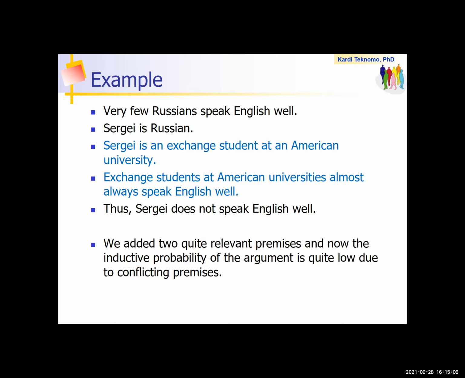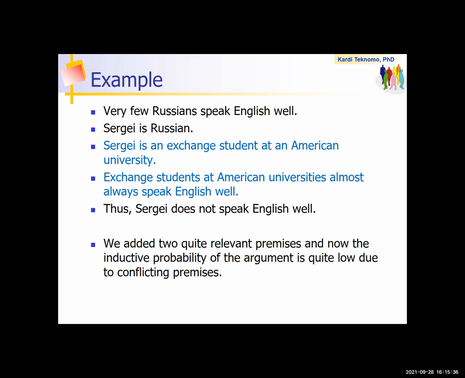So when we add these two quite relevant premises, the inductive probability becomes very low. Very few Russians speak English well, and Sergey is Russian, that's okay. But Sergey is an exchange student at an American university.